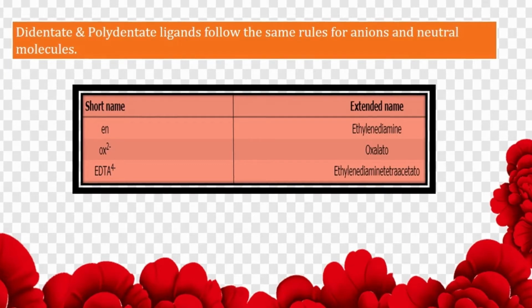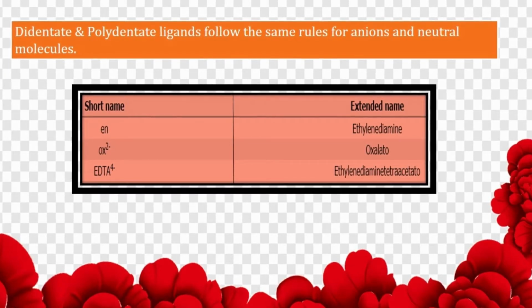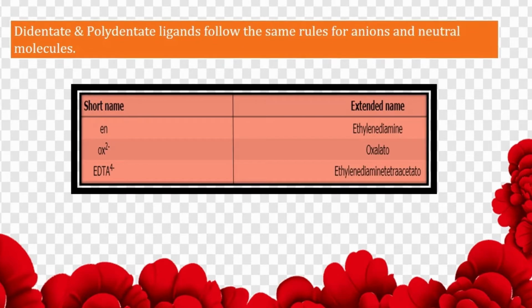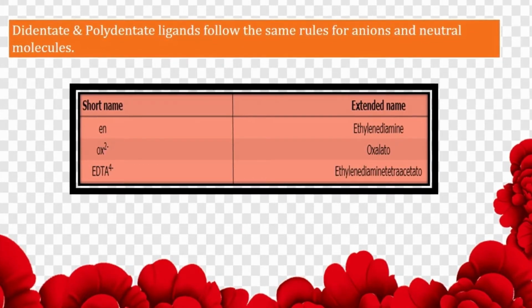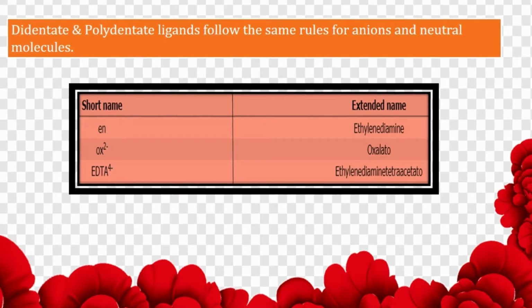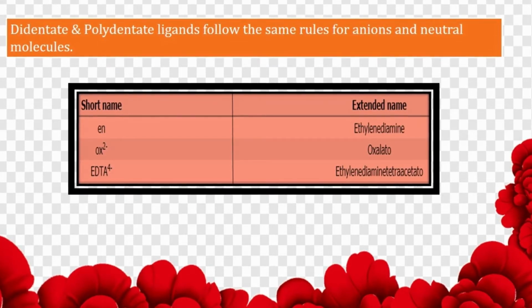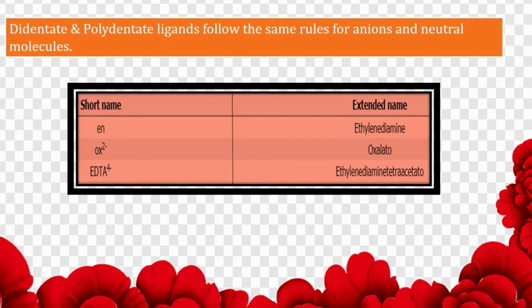If you consider didentate and polydentate ligands, they also follow the same rules as we followed for anionic and neutral ligands. If you take ethylenediamine, in the coordination compound formula it will be represented as en. And if you take the oxalate ligand, it will be represented as ox.